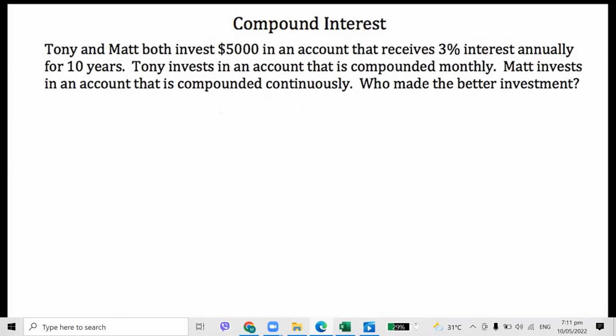Well, first let's calculate how much money Tony's going to have. His is compounded monthly. So we're going to use the compound interest formula that looks like A is equal to P times 1 plus r over n to the nt power. Now here for both of them, P is equal to 5,000. r is equal to 0.03 and t is equal to 10 for 10 years.